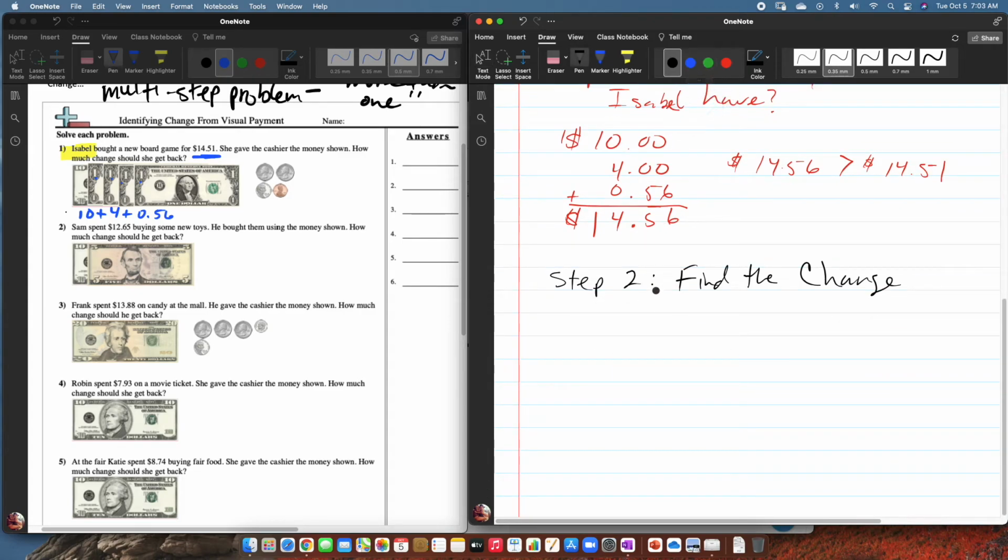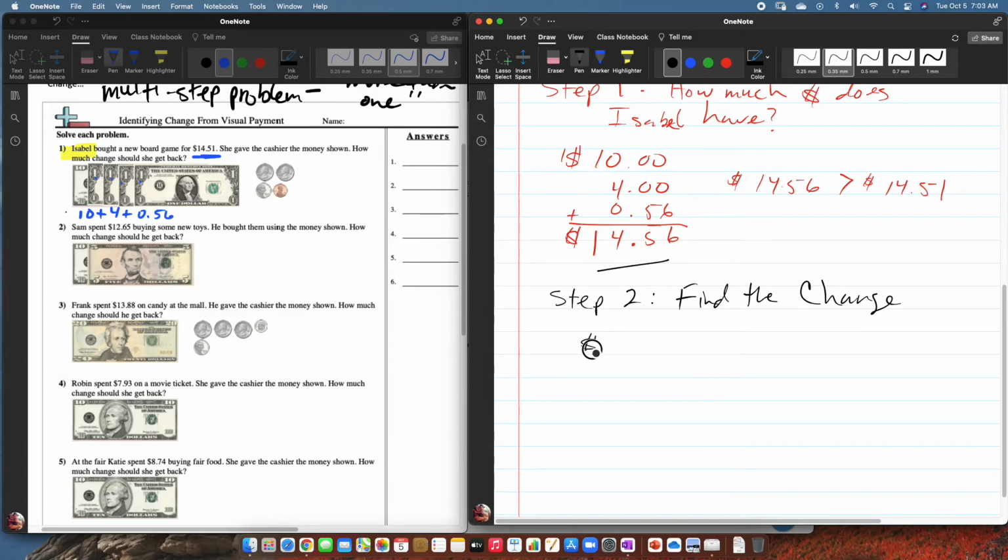So we are going to get how much money she has, $14.56, minus how much the item costs, $14.51. So when we do the math here, 6 minus 1 is going to be 5. That's 0. Bring down, and that's 0.